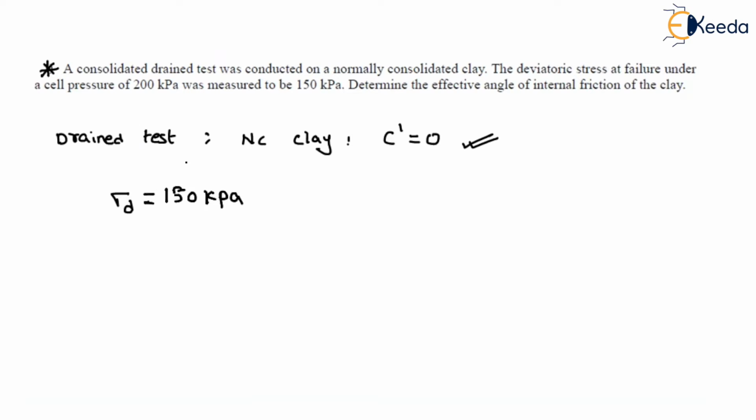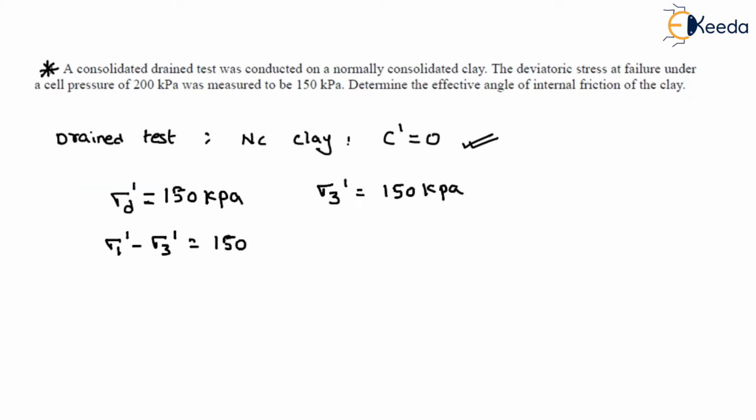As we are talking about the drained test, we are talking about the effective parameters. And what about the cell pressure they have given? Cell pressure is nothing but the minor principal stress. So the deviatoric stress I can represent as effective major stress minus effective minor stress, that will be equal to 150.